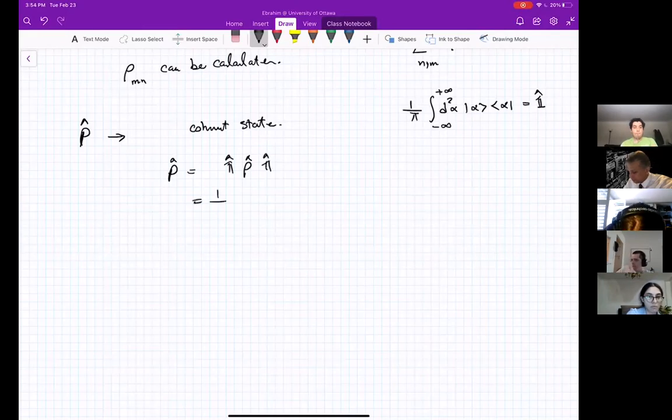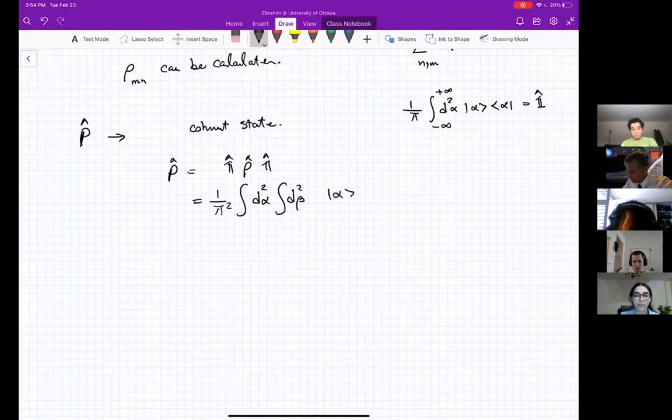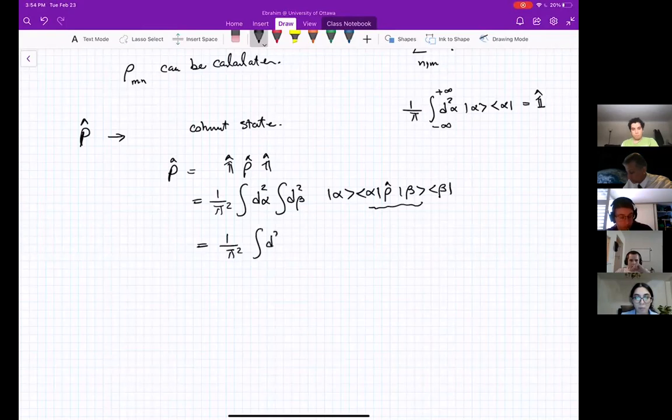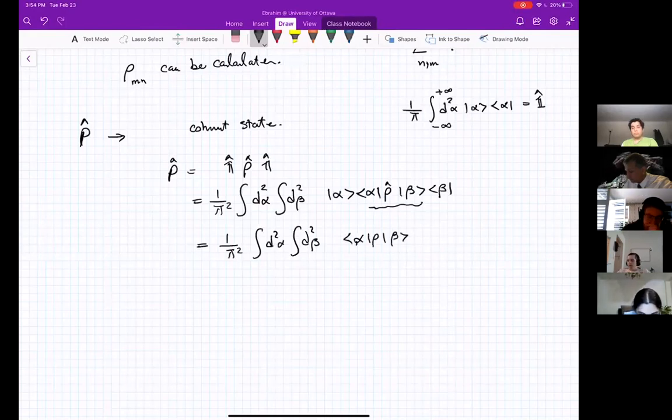That will be 1 divided by π squared, integral of d²α, integral of d²β, then for that one it will be |α⟩⟨α|ρ, and that one will be |β⟩⟨β|. So the quantity which we care about is the double integral of ⟨α|ρ|β⟩ |α⟩⟨β|. This is the density matrix representation in the coherent basis.